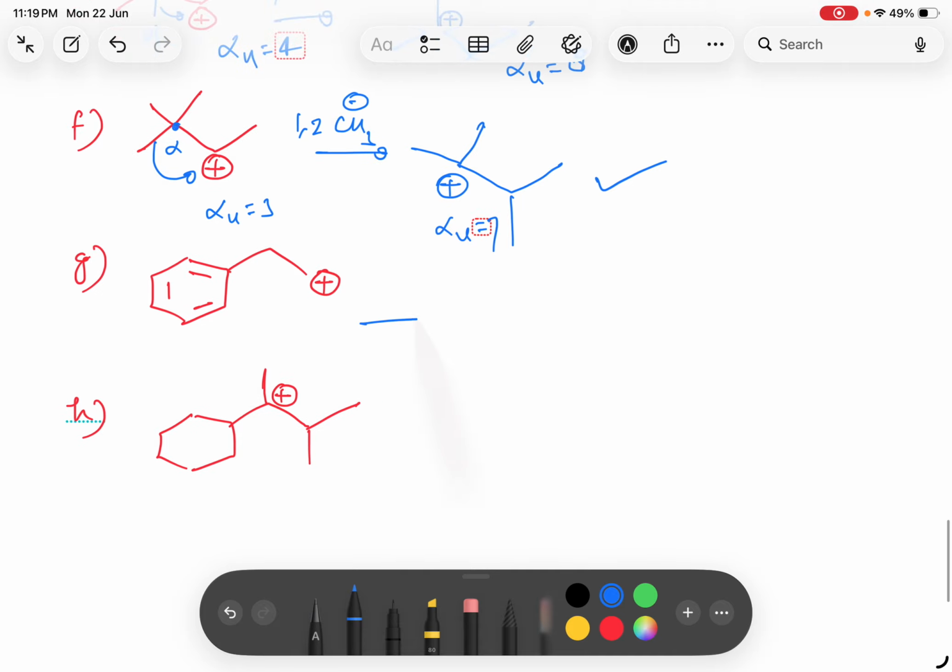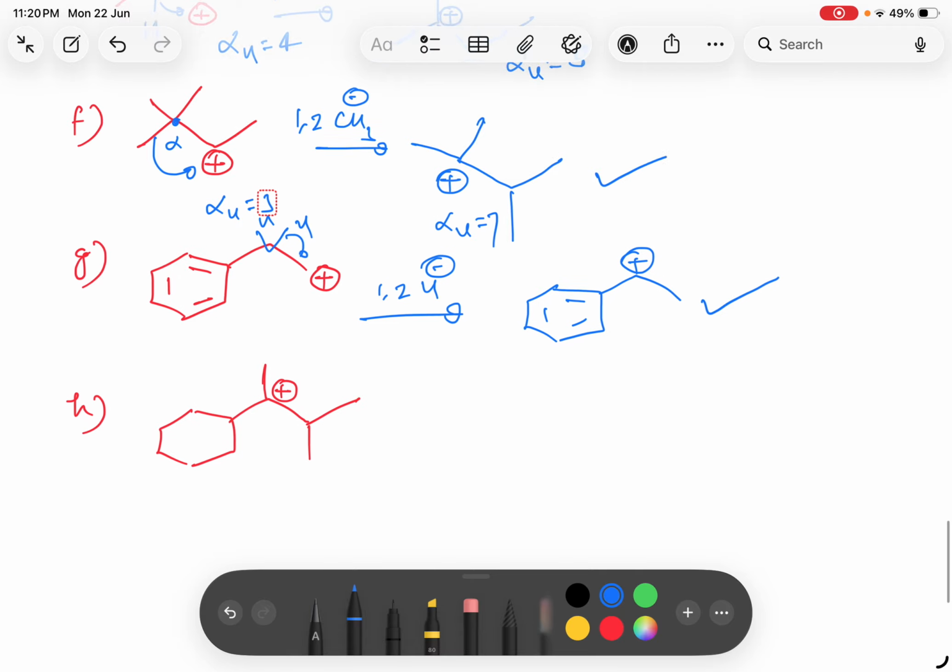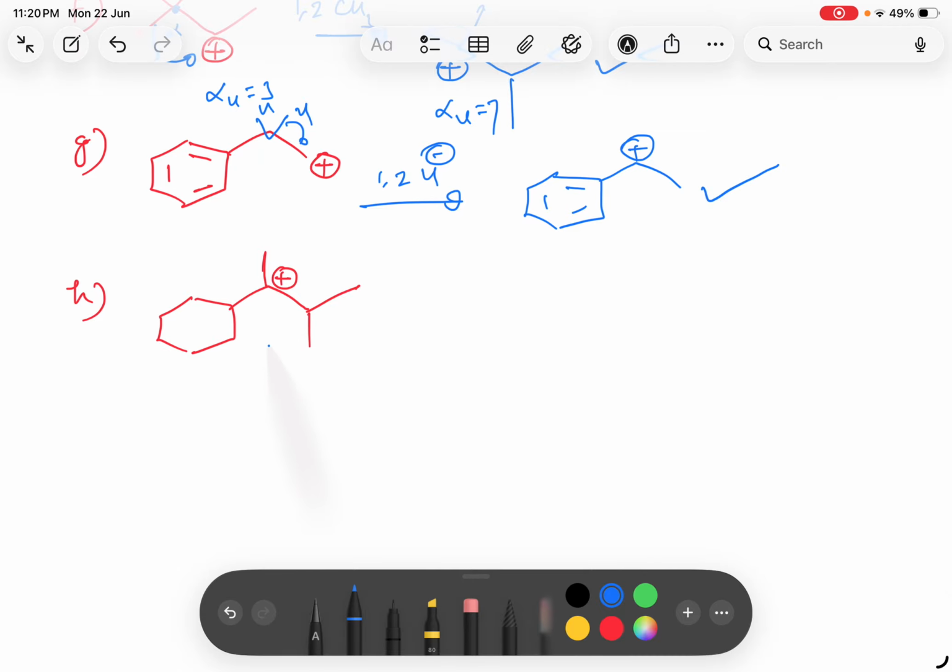In the next one, here we have hydrogen. So one of the hydrogens we can shift. So this is the resonance stabilized carbocation. This is called a 1,2 hydride shift. So it would rearrange.